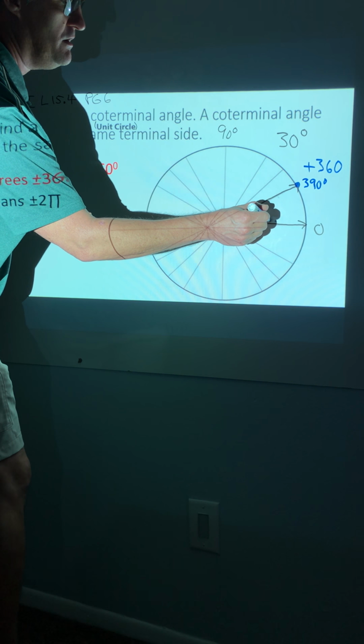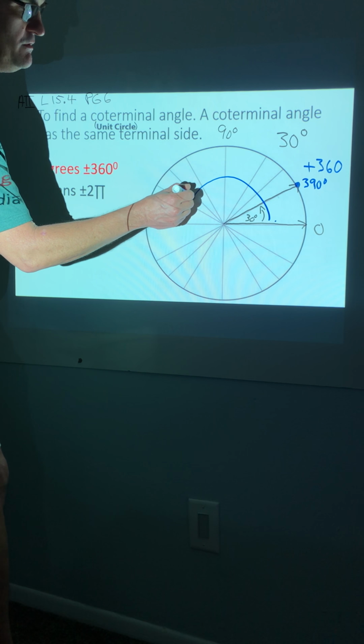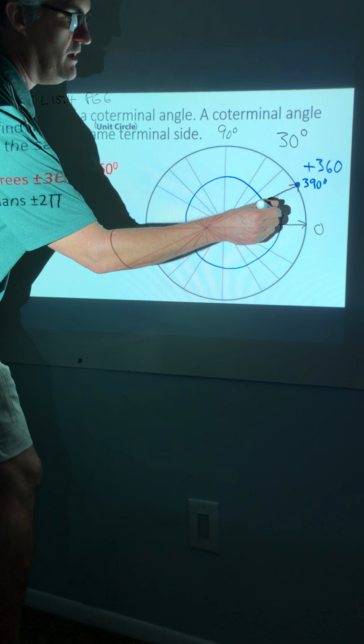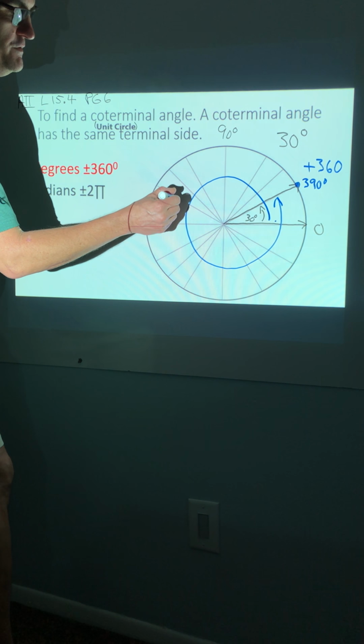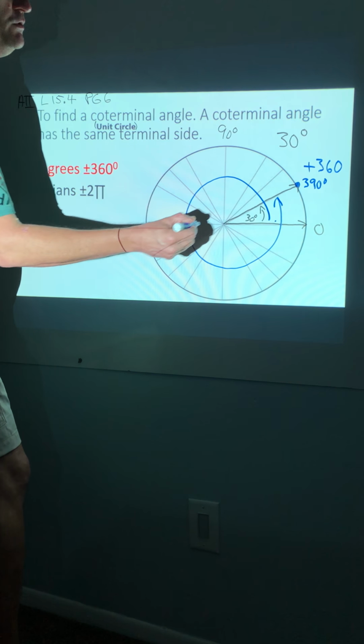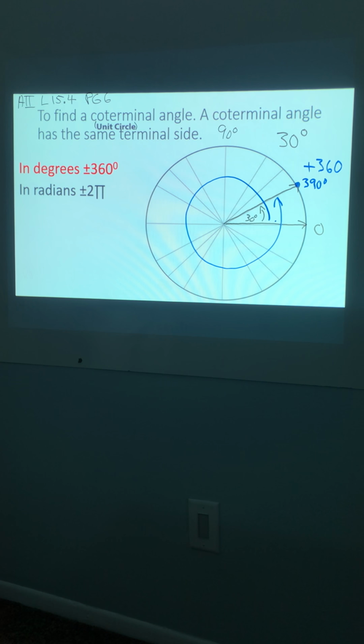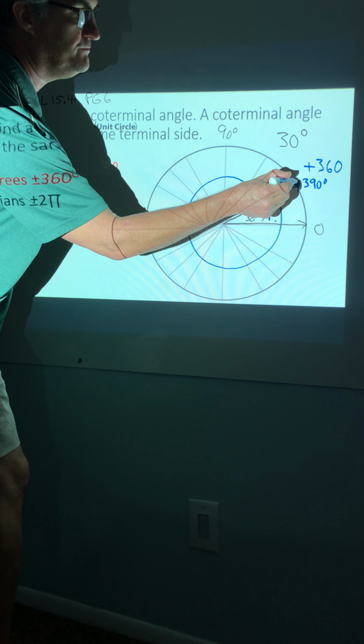And how you would write that so that you know that was 390 is, look, you would start from 0, 0. I'll just do it right here. You're going to spin 360, and then you're going to draw your arrow continuing up. If you follow this whole loop that I did in blue, I'm saying that that's a 390-degree angle. But notice both the one in black, where I put 30 degrees, hits at this point.